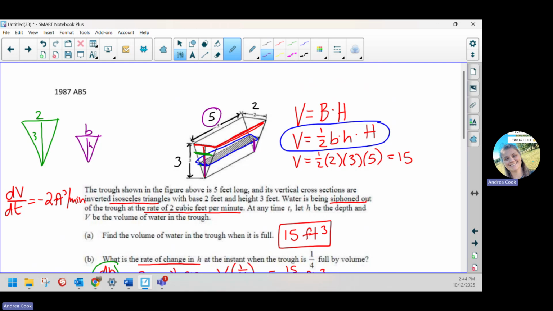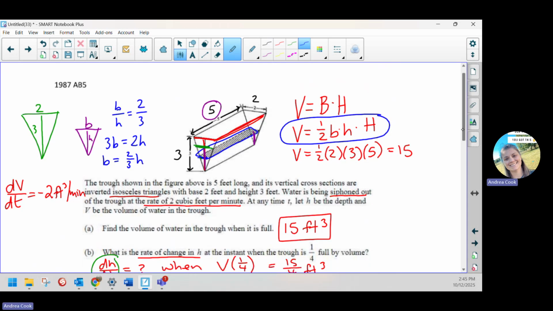So I have these two triangles where I can set up proportions. B is to H as the whole thing is to the whole thing. And so I have 3B is equal to 2H. I wanted it in terms of H, so B is going to be 2/3 H.